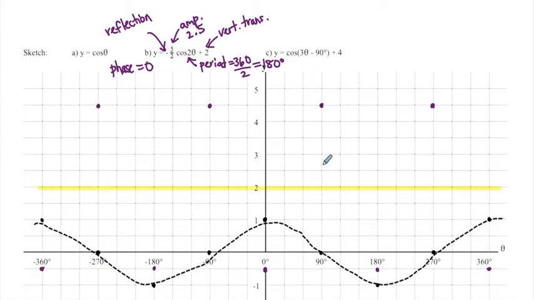And then from there, I can think of, okay, where am I going to cross this central axis? And it's going to be halfway between those. So right at 45 degrees. And then again, the same thing halfway between these 2 points, and between these 2 points. And I'm going to go ahead and put them in for every set.